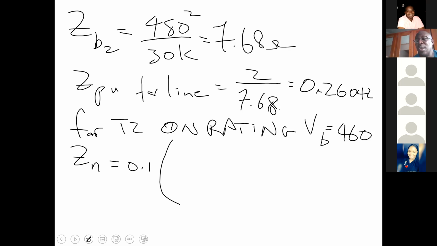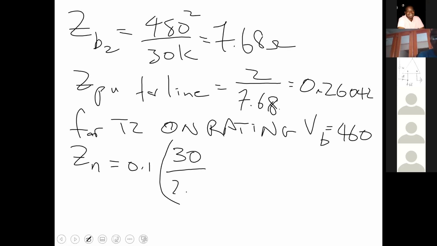The S new. So what is S new? No, remember, don't guess. For the transformer, what is the kVA rating? 20 kVA. What is the system kVA that I'm now using? 30. So what's the new kVA? 30. So you start with 30, and the old is what it was, so it will be over 20.